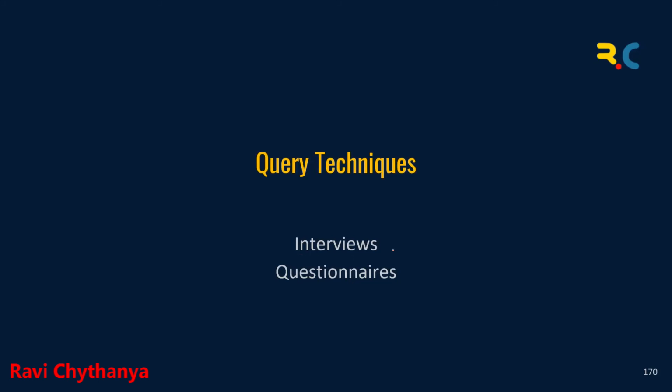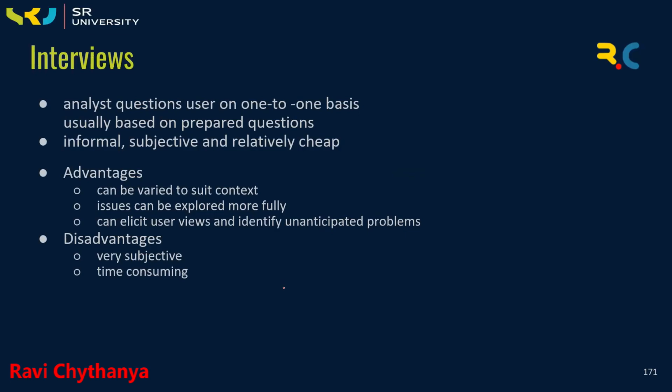Here you have interviews and questionnaires. In interviews, the analyst questions the user on a one-to-one basis, usually based on prepared questions, and it is informal, subjective, and relatively cheap. After completion of the task, the user has to answer some prepared questions.